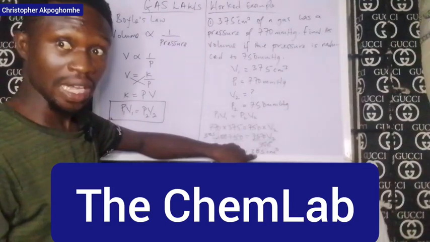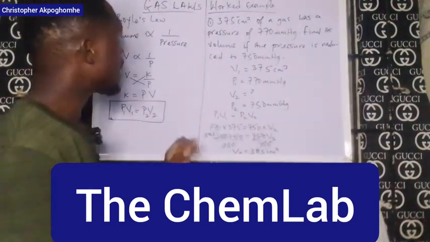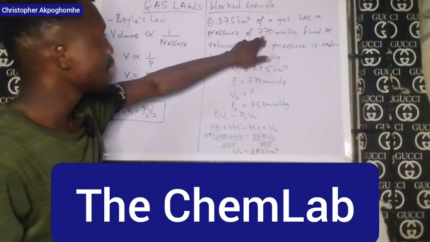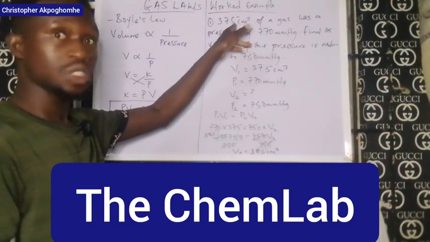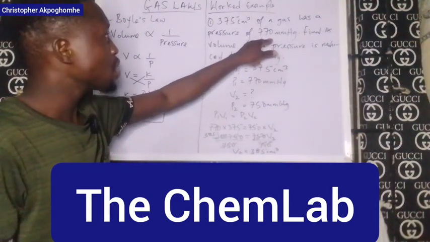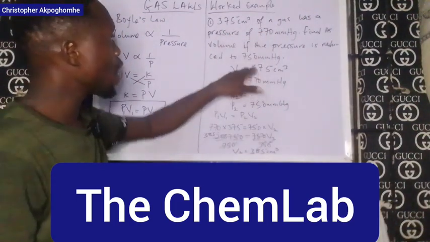It is V2, right? So, it means that the volume has increased. Now, as the volume has increased, what happened to the pressure? Now, the pressure at the original volume, that original volume which was lower, the pressure was 770. But when the volume changed, that is when the volume increased, what happened to the pressure?